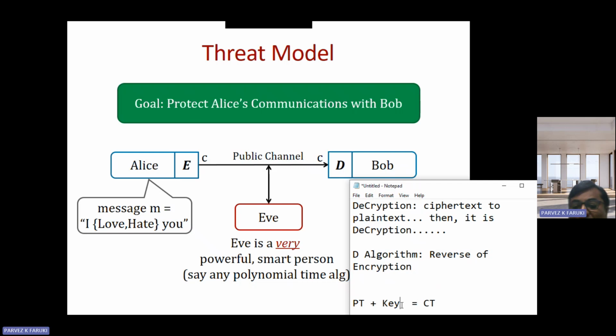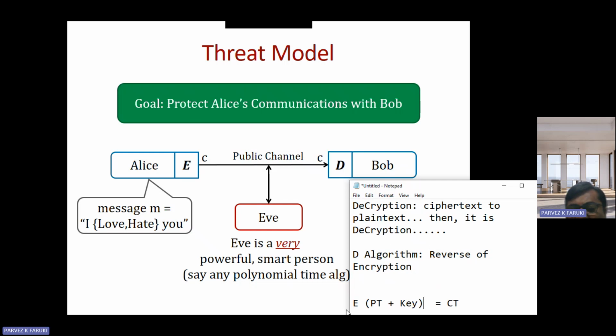So when someone encrypts something, let me say encryption is an algorithm. What input does an encryption algorithm take? An encryption algorithm takes plain text as an input, adds a desired key, and applies an algorithm.